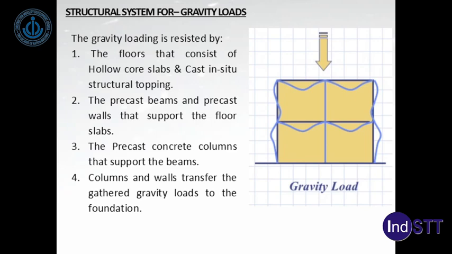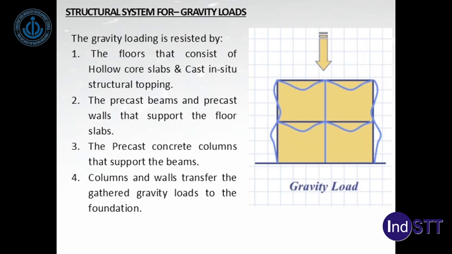The structural system for the gravity loads consists of hollow core slabs and cast in situ structural topping. The hollow core slabs are pre-tension slabs, so they can go long spans with lesser thickness. The precast beams and walls that support the floor slabs are provided. We're going to explain them in more detail in the coming slides.